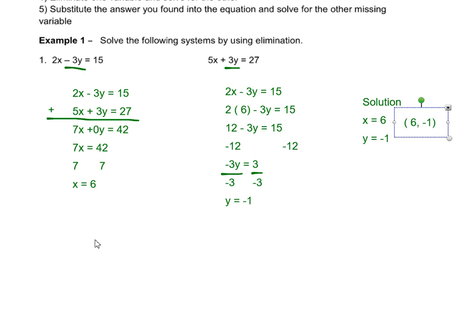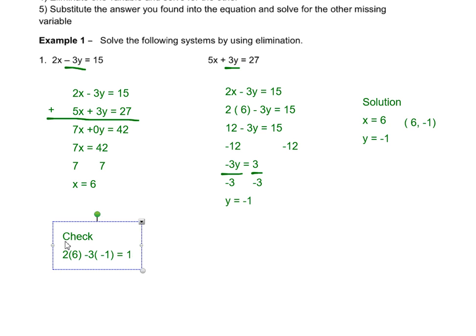And you can once again verify your answers by checking. So I can go 2 times 6 minus 3 times -1 equals 15. If I type that into my calculator, I should get 15 equals 15. And for the next one, you can do the exact same thing.